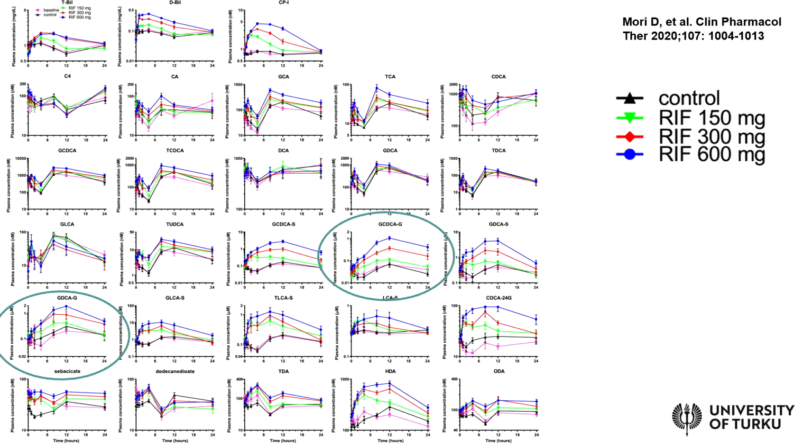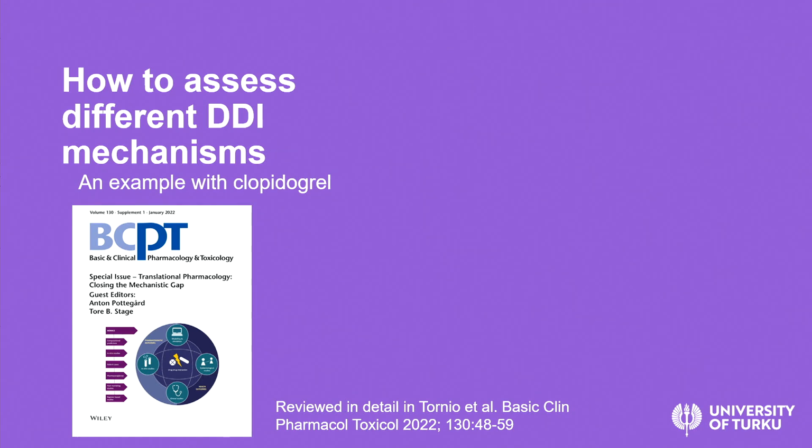I have highlighted the GCDCA glucuronide and the GCA glucuronide here, so you can see the dose dependence, which works very nicely indeed. So as we gain more insight into these endogenous substrates, they could complement or substitute these index substrates in some cases at least, but more work is needed.